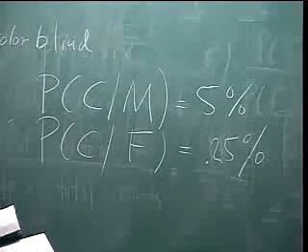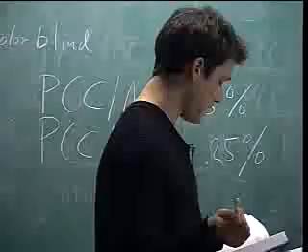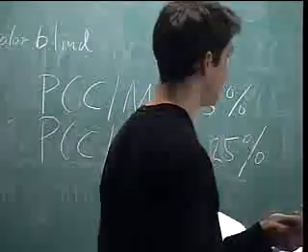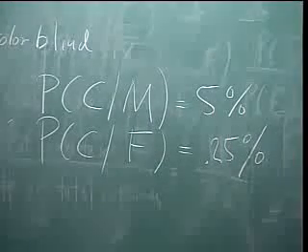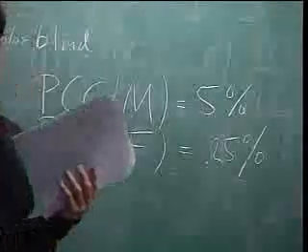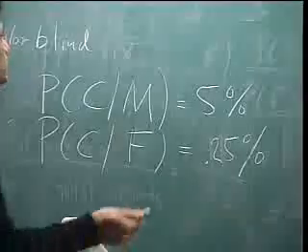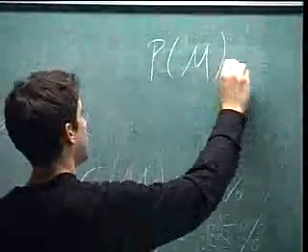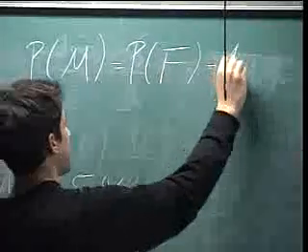Okay. So now a colorblind person is chosen at random, and we want to calculate the probability that the person is male. Oh, and we're also assuming that there's an equal number of male and females, which literally means that probability male equals probability female equals 1/2.